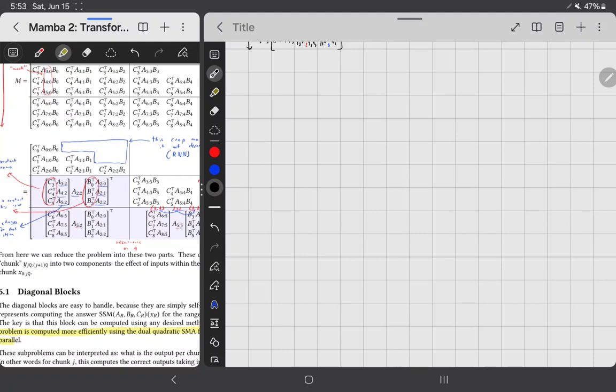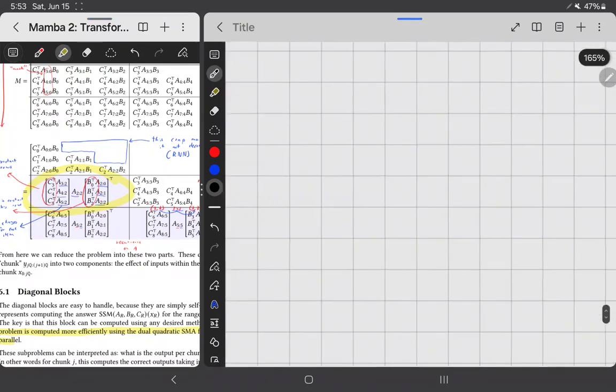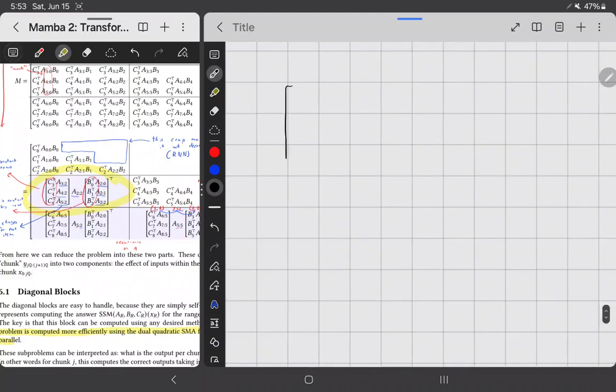Yeah. So let's start off with this block here. And this works for every other block. It's the same computation, just different indices. So this block here is going to be computed, and they decompose it already here. What we have is C3 transpose, A3 to 2, C4 transpose, A4 to 2, and C5 transpose, A5 to 2.